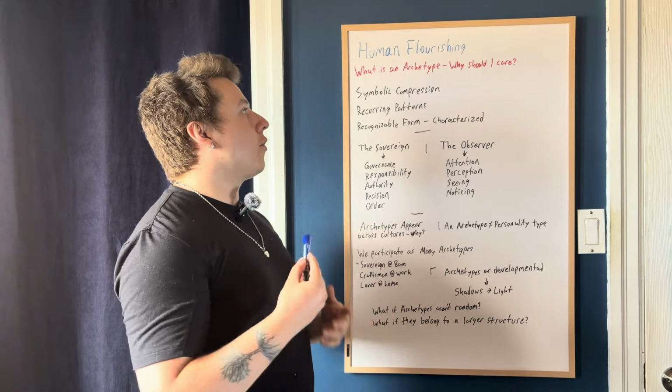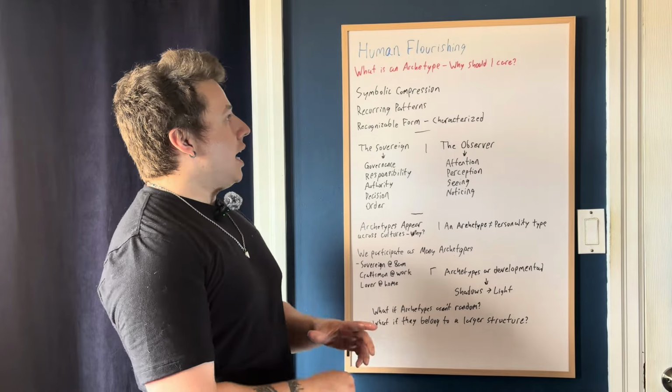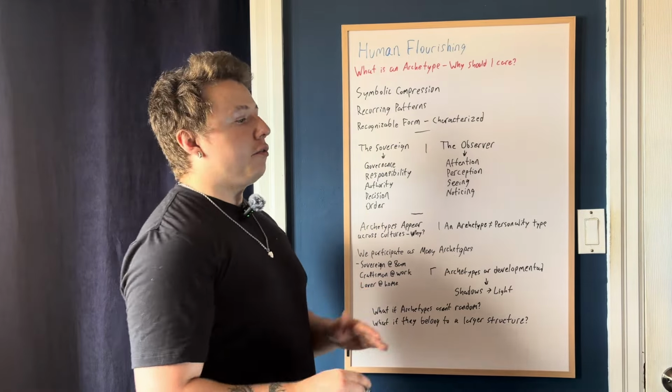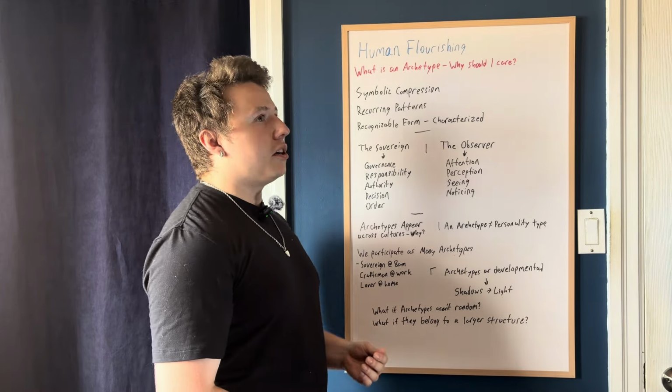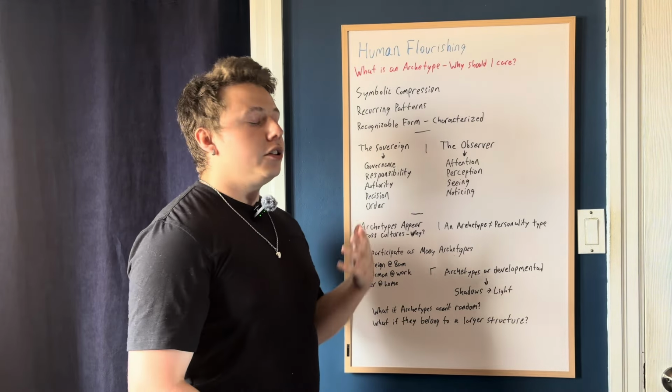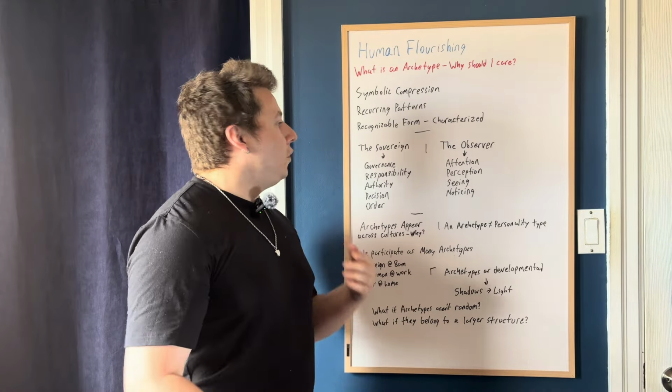So the whole point of archetypal anatomy is to provide you with the insight and understanding that there are over 100 different archetypes. Honestly, there's really an infinite number of archetypes, but there are over 100 that are fundamental to the human experience and human existence.